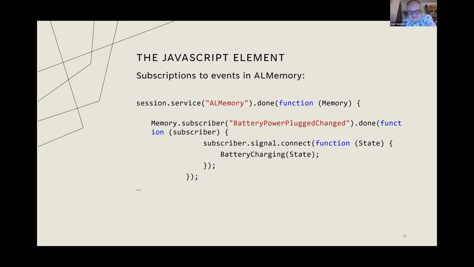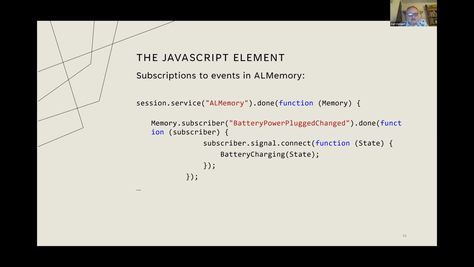So in our example, we have got a session to AL memory, and then we have subscribed to an event that is generated by NAO's operating system. The event is called battery power plugged changed. As you can imagine, that event is raised whenever you plug in or unplug your charger from the back of NAO. Now, we've subscribed to that event.